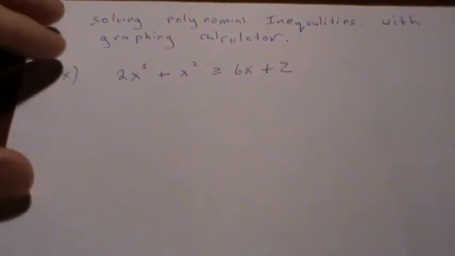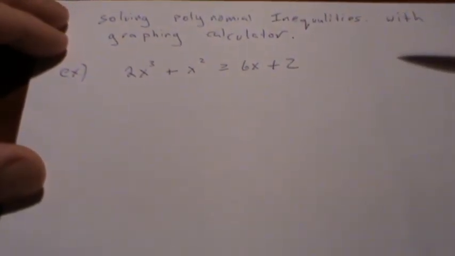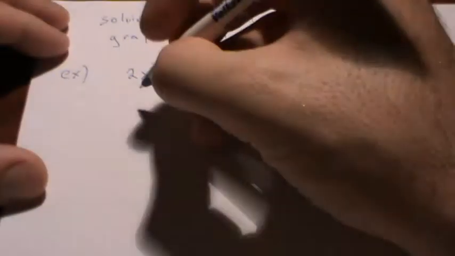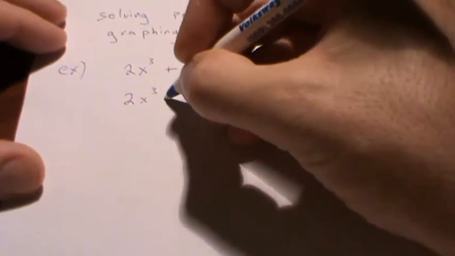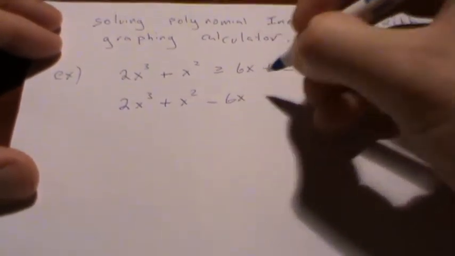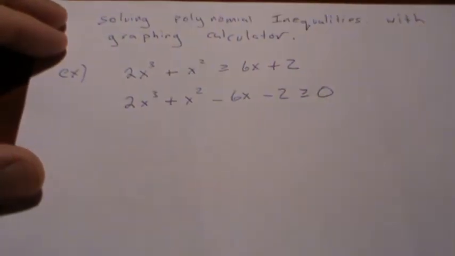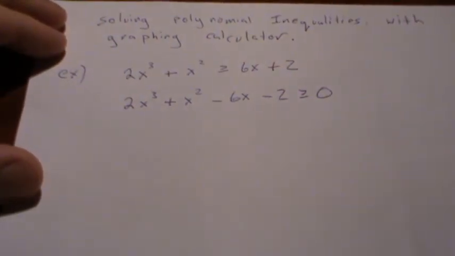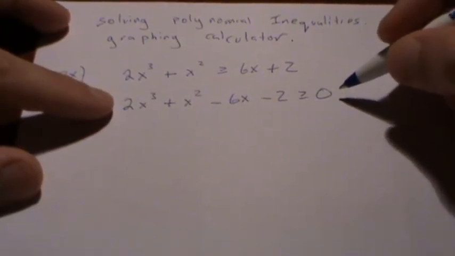So first thing I'm going to do here is pass everything over to one side through addition and subtraction. And so I've got 2x to the third plus x squared, and then I'll do minus 6x minus 2 is greater than or equal to 0. Alright, so you want to get it set up like this, basically.